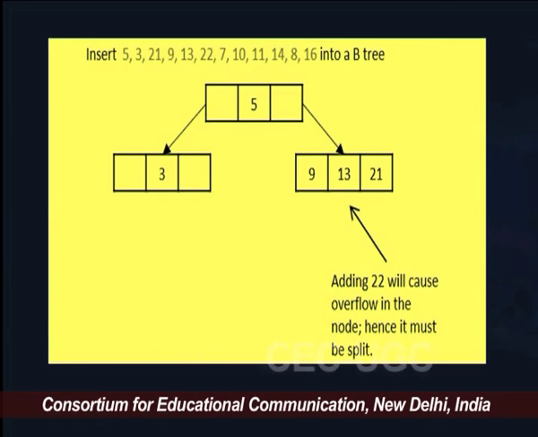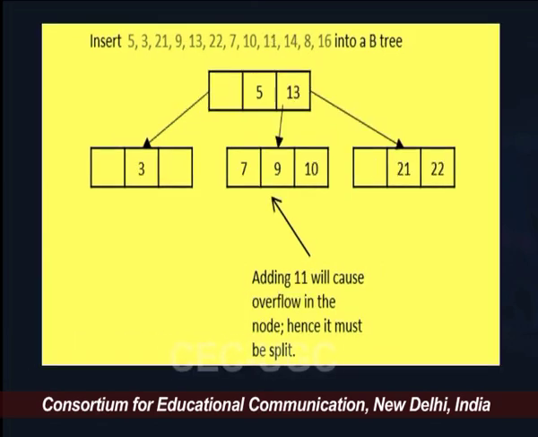So when we split this node, 9 will be in one branch, 21 and 22 will form another branch, while 13 goes to the next level. So when 13 is at the next level, we have 21 and 22 on the right side.